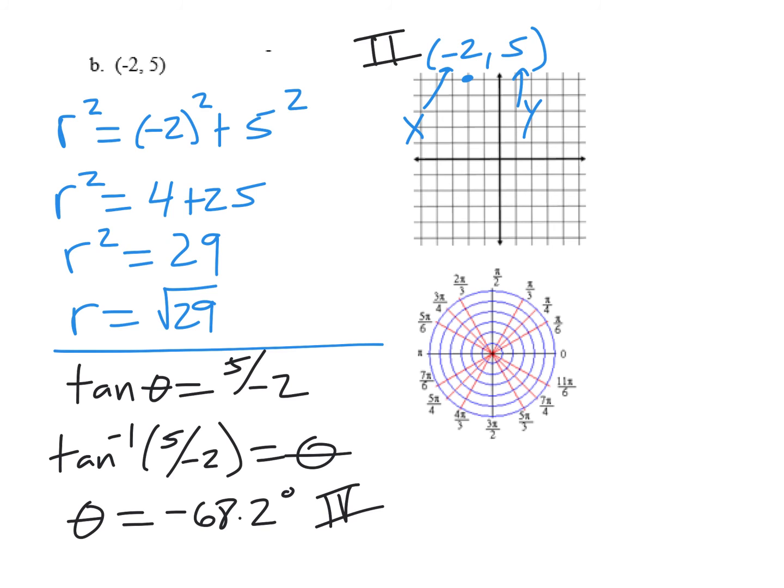We need to be in 2. That's going to put us in 4. We need to be in 2. That's going to put us in 4. If I add 180, that would give us 111.8. And then we're good to go.